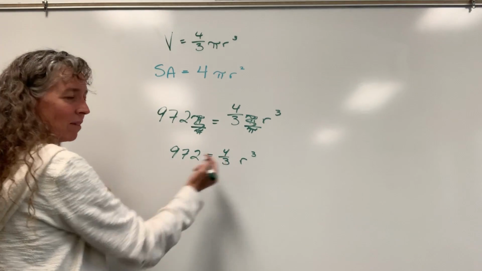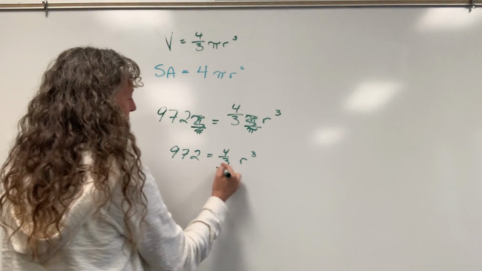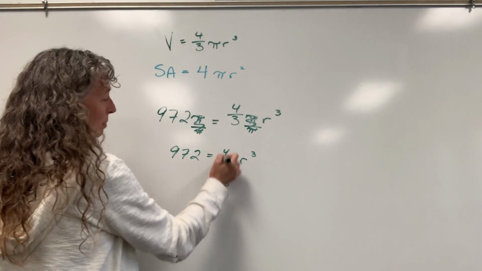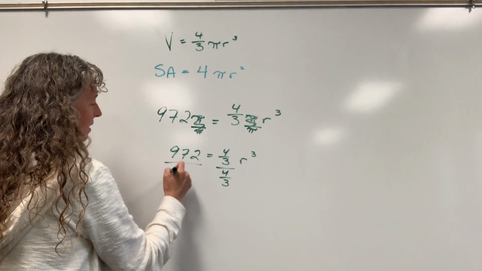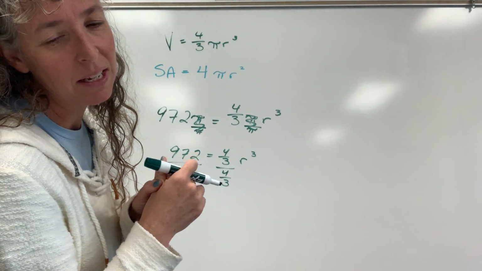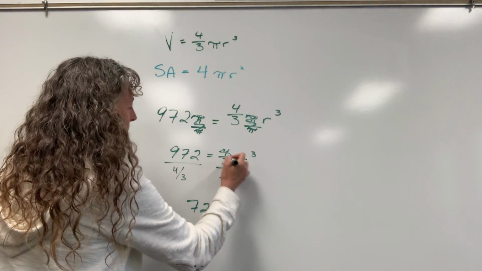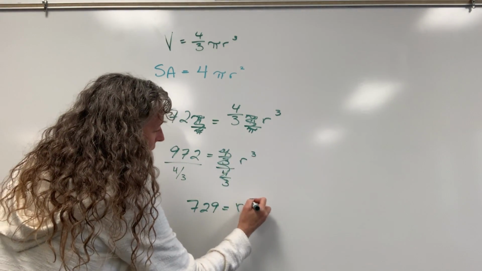Next, I need to get rid of this 4/3, so I can divide by 4/3. That's just a big no-no to write it like that, but you'll get the idea. If I divide by 4/3, I get 729, and I still have it equaling r cubed.